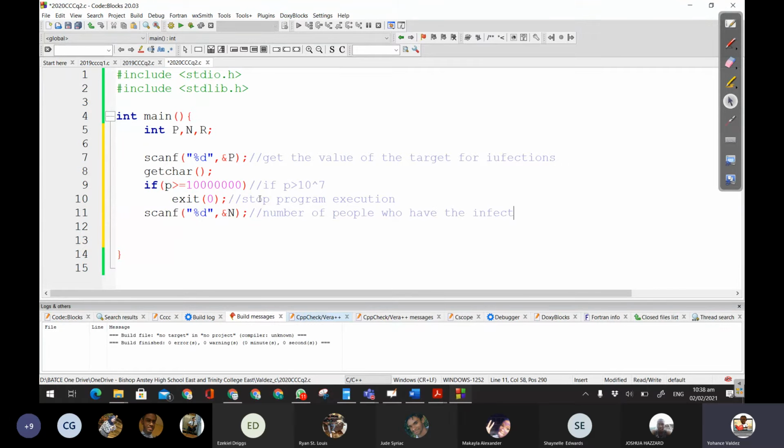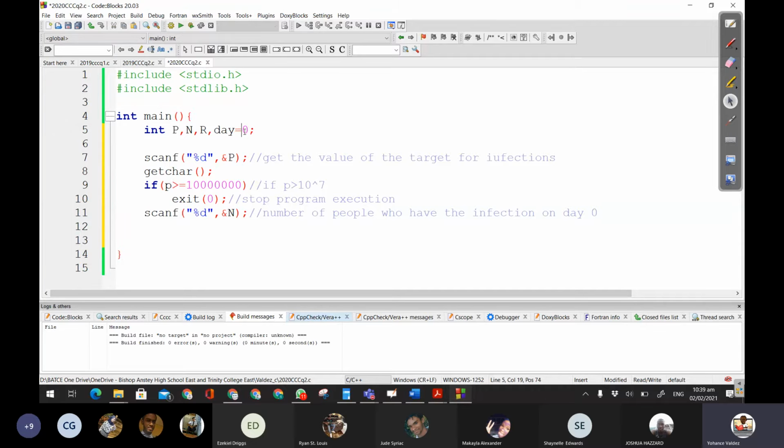And the fact that they count us with day 0 tells us that maybe we need to have a counter for day, right? Because every day we are working out, because we want to print out the value of the day when the P value gets exceeded.